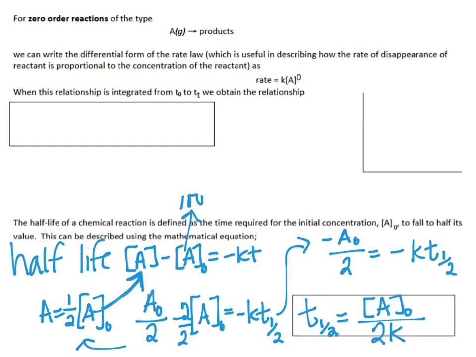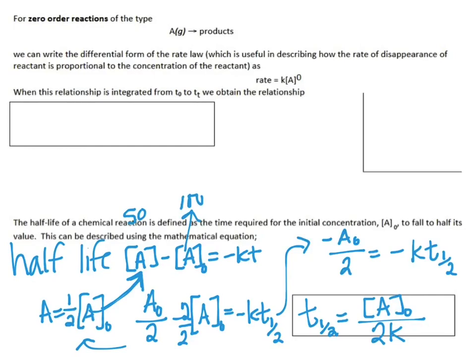After one half-life, if you start out with 100, A is going to be 50. So you can either use the equation and memorize it, or you can know your zero-order integrated rate law. Again, you have to memorize that, though.